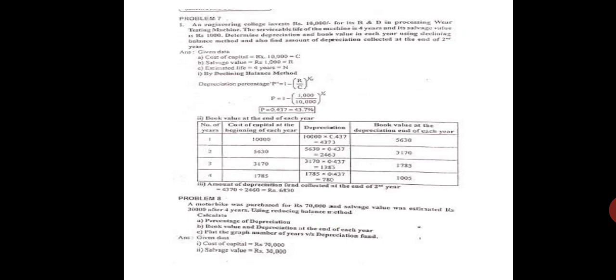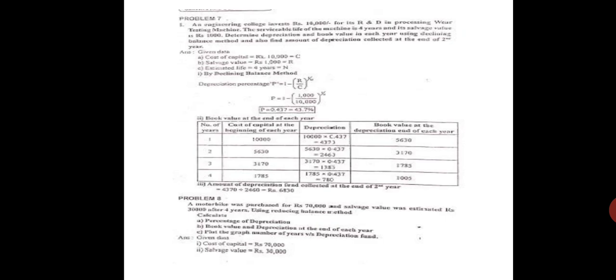So for the second year the book value will be 5,630 rupees, and for that I will multiply with 0.437 again. This is the fixed percentage, P or K here. So when I multiply 5,630, the book value at the beginning of second year, with the fixed percentage 0.437, it becomes 2,460.